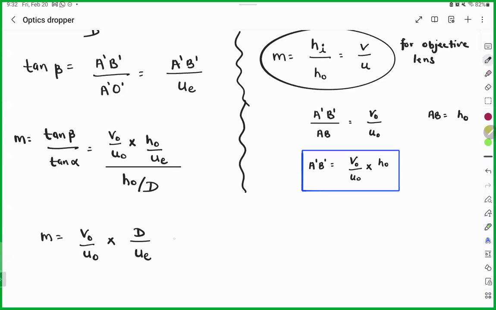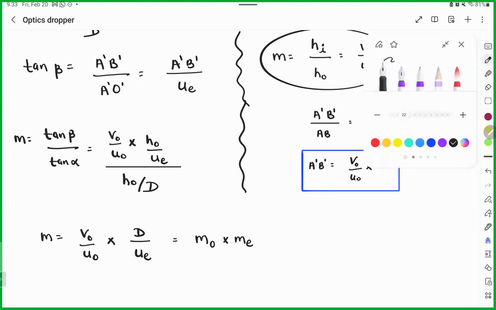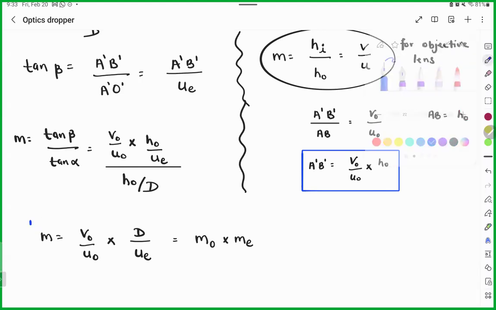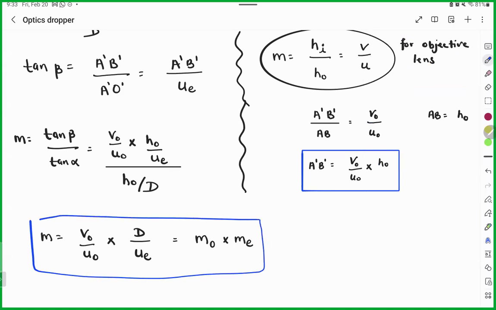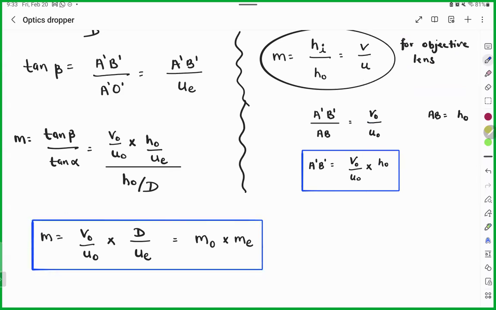Correct? And what is VO by UO? Normal magnification, magnification of the objective lens. And what is D by UE? Magnification of eyepiece. Done. So in compound microscope, if you want to calculate total magnification, how to calculate?